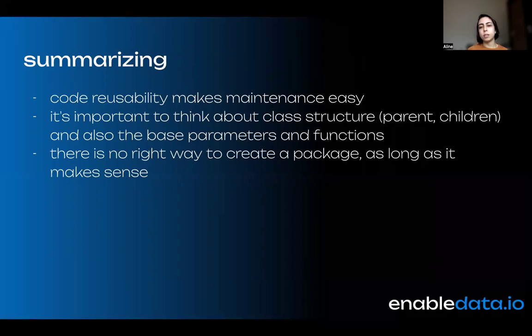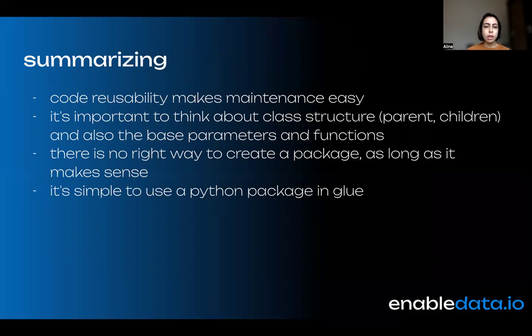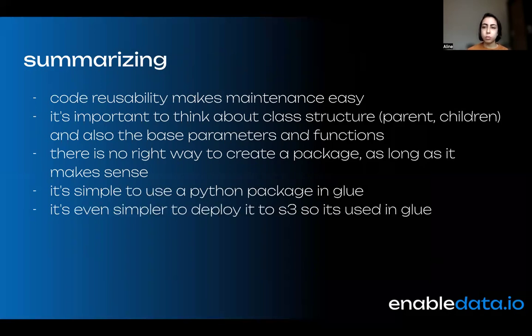You always have maintenance, so you need to lower your complexity. And also to lower your duplication of code, have the least duplication possible. And also it's simple to use a Python package in Glue, and it's even simpler to deploy it in S3. So it's used in Glue in a format that is always updated.